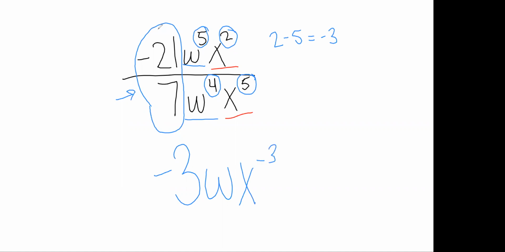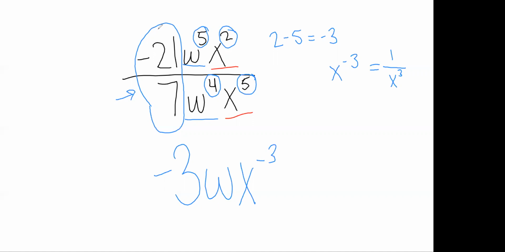We're not quite finished yet. If you have anything to the negative power, you're going to flip it. You're going to switch it to the reciprocal. So x to the negative 3rd is the same thing as 1 over x to the 3rd. These two are equal.